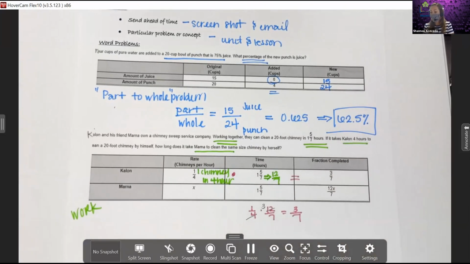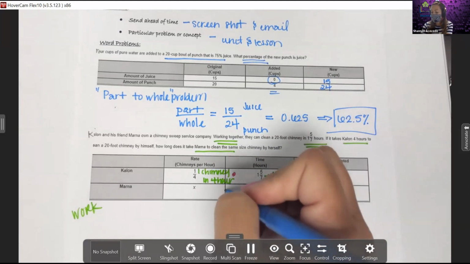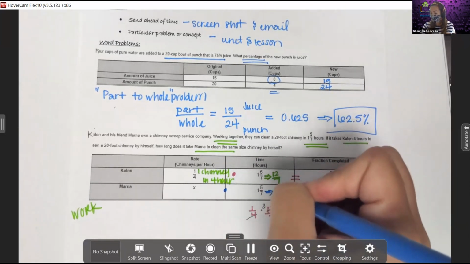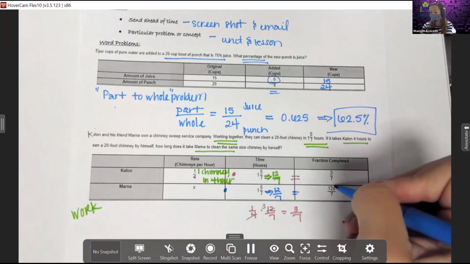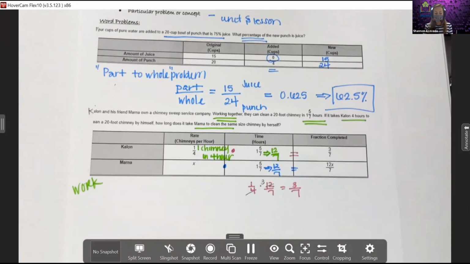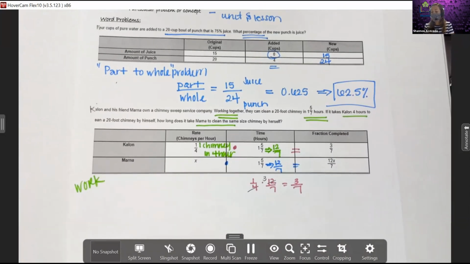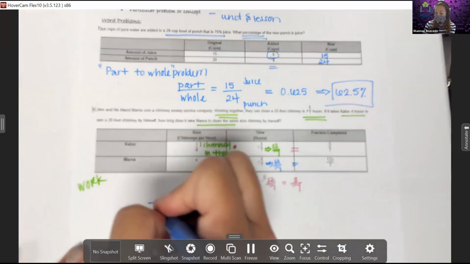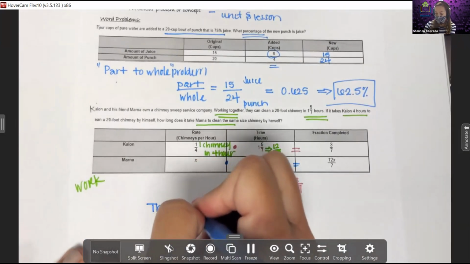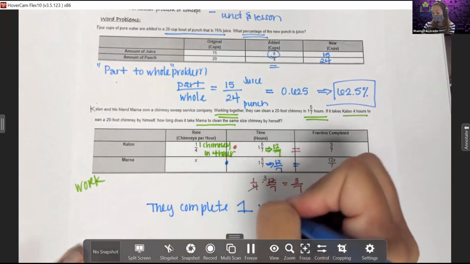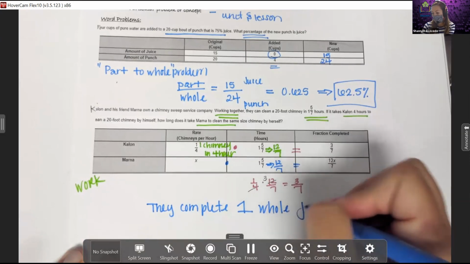So the same idea is going to happen here then. If we want Marna, it's going to be x times my 12/7, which is going to equal my 12/7 x. That's where that's coming from. Okay, well, how do I solve this? So they work together, they complete one whole job.